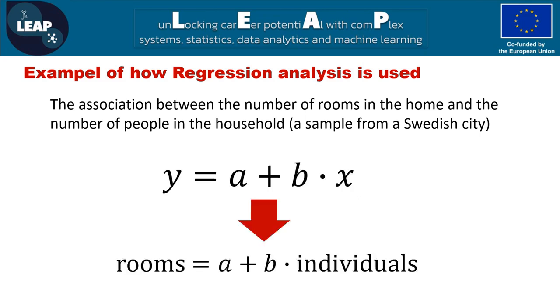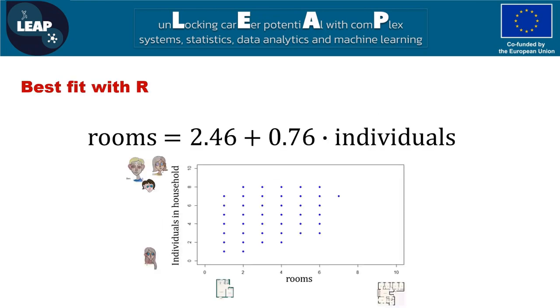Our model will be: the number of rooms is equal to the intercept, or A value, plus the B value multiplied by the number of individuals in the household. Y is rooms, X is individuals. And if we let R fit the data, we get this fitted model.